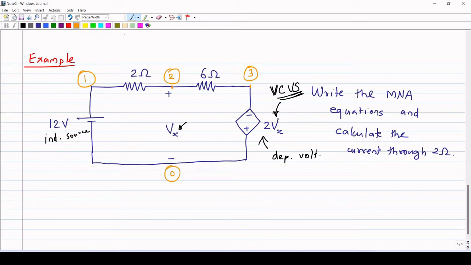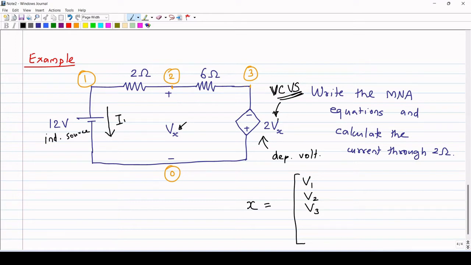And what are the variables in the MNA matrix? Since there are 3 nodes, first we can write the variable matrix X. V1, V2, V3 are the 3 variables corresponding to the node voltages. And since we have an independent voltage source, there is a current flowing through it.